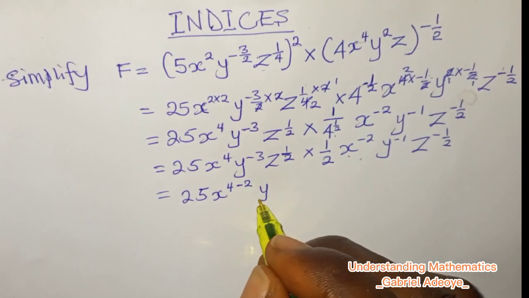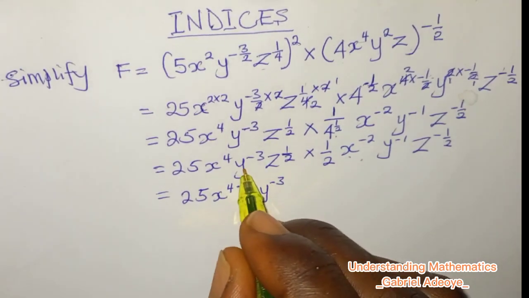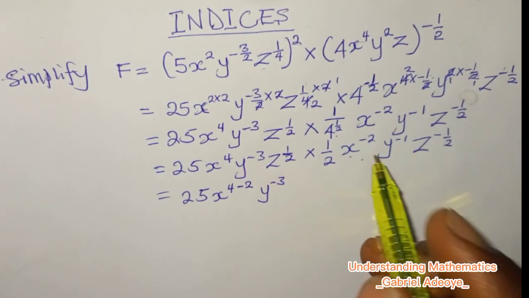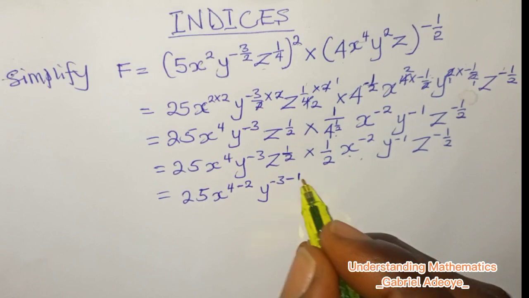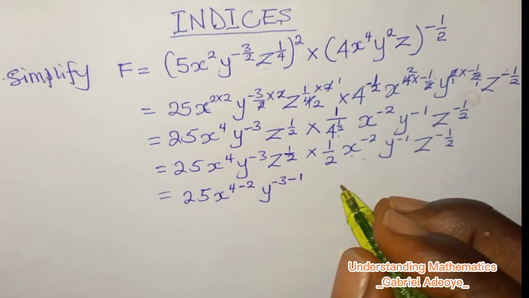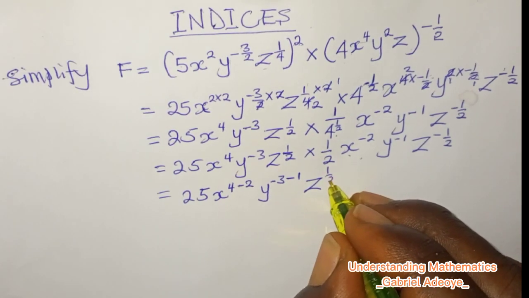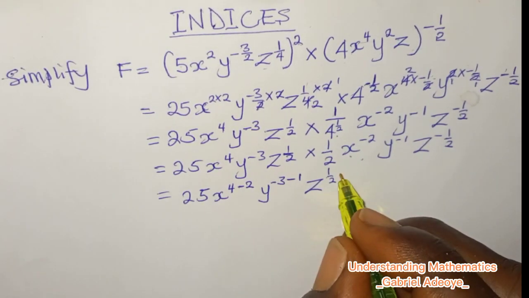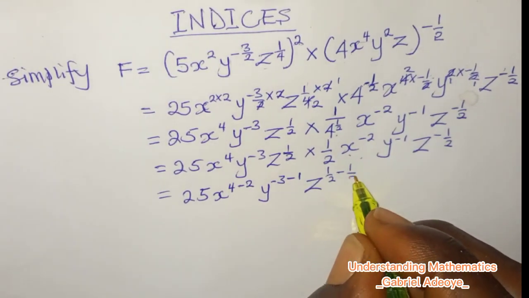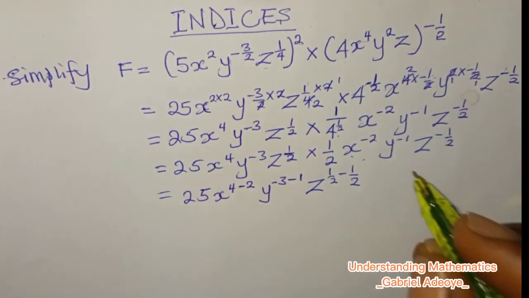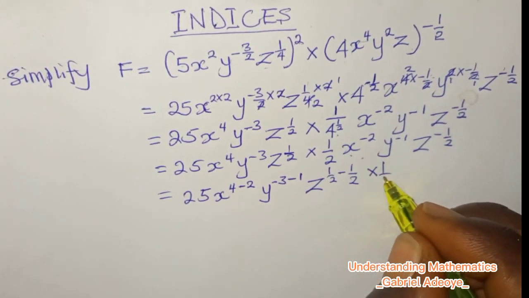And for y, we have y raised to power minus 3 here, and the power of y here is minus 1, so minus 1. Then for z, the power of z here is 1 over 2, and the power of z here is minus 1 over 2. So we have minus 1 over 2. Then don't forget 1 over 2.